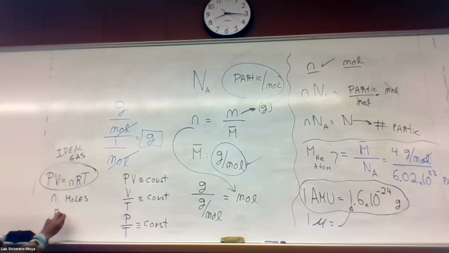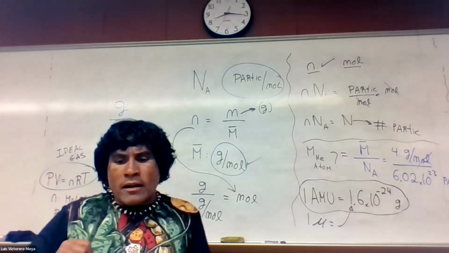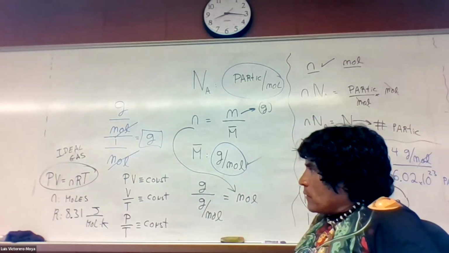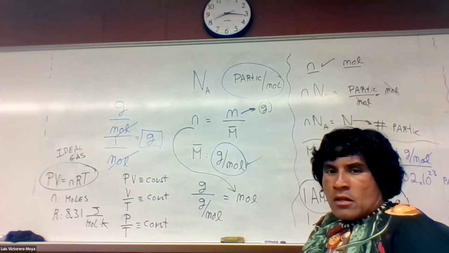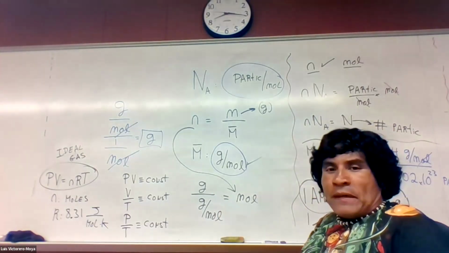What's R? 8.31 joules per mole per Kelvin. I told you it's going to be different. You in chemistry use 0.0821 liter atmosphere per mole per Kelvin. We use 8.31 joules per mole Kelvin in physics.